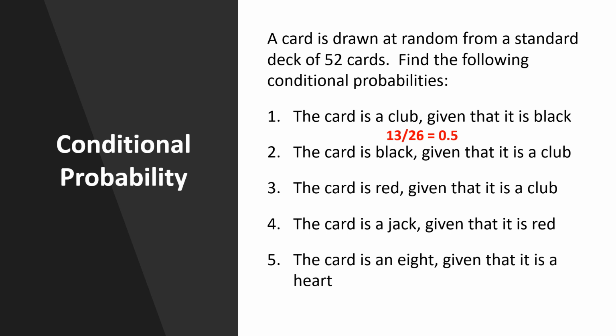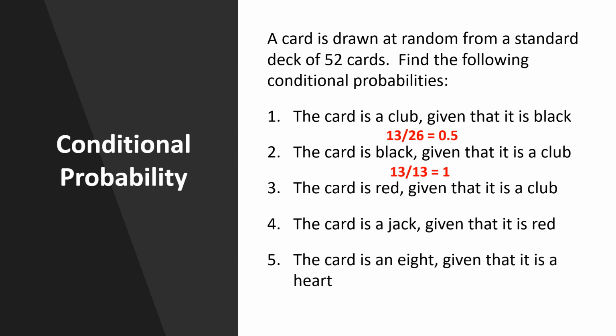Well, all 13 clubs are black, so what we want, a black card, is 13. What can we get? Well, we can get any of the clubs, so that's 13 over 13, which gives us a probability of 1. Notice number 1 and number 2 are not the same probabilities, so it's very important to keep track of what we're given. That is going to determine our sample space.